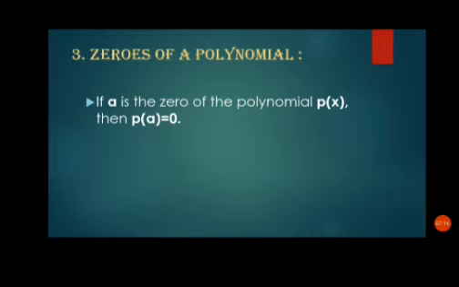If a is a zero of the polynomial p(x), then p(a) is equal to 0. If we put the value of a in place of x, we will get 0.